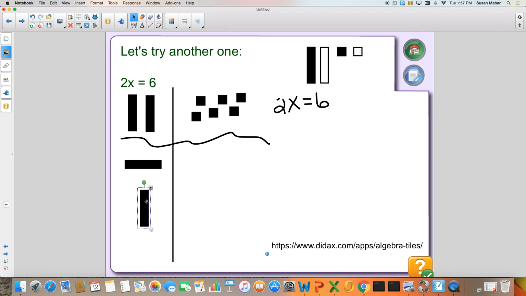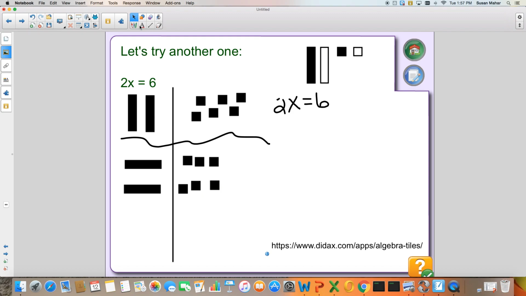Flip, flip, and I'm going to divide up my 6. So I'm going to go 1. I'm going to move this up a little bit closer. 2, 3, 4, 5, 6.